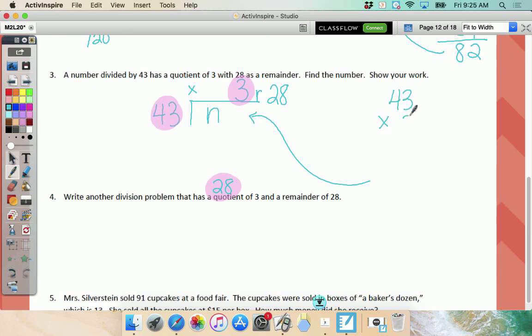So 43 times what? 3. Plus 28. 157. Okay. So 150. I'm going to write this. N equals 157. That's the number. Okay. And we can solve it and we can make sure it's right, but we already.